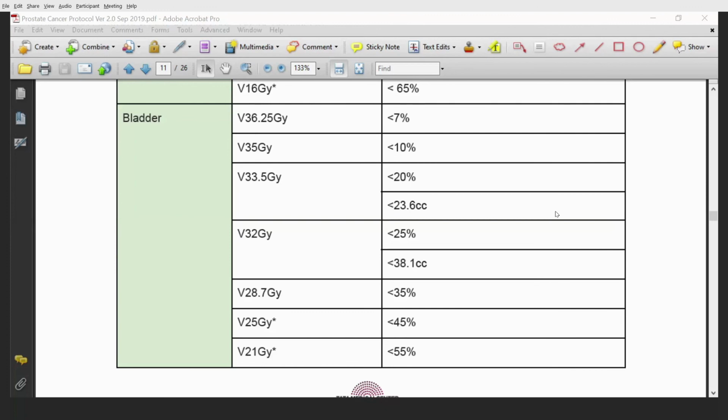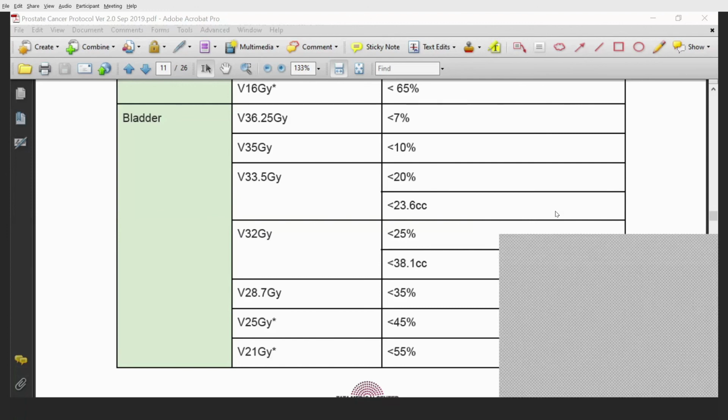Actually, instead of going into a specific hospital's dose constraints, I'll tell you the logic behind them. When we were starting off, there were no dose constraints. We have been doing hypofractionated radiotherapy for 10 years, so there were no real dose constraints. There were dose constraints in trials, and every trial had a different one. So we developed our own.